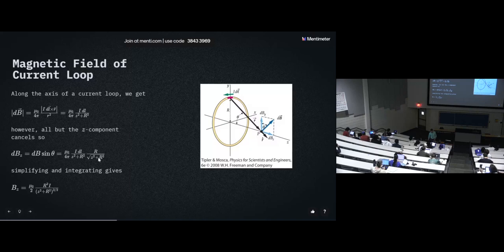Little r is going to be z squared, the distance from the origin to this point squared, plus big R squared. So sine theta is this last fraction here, just using the trigonometry.